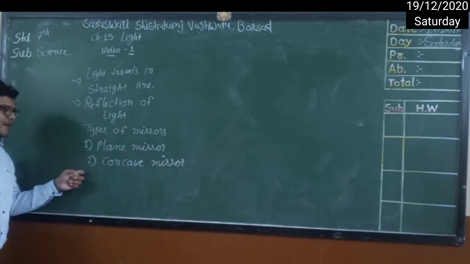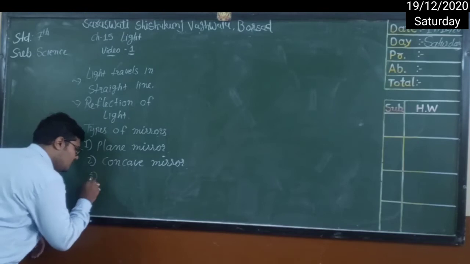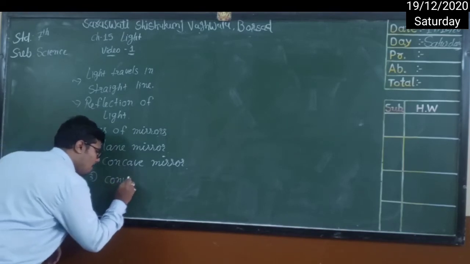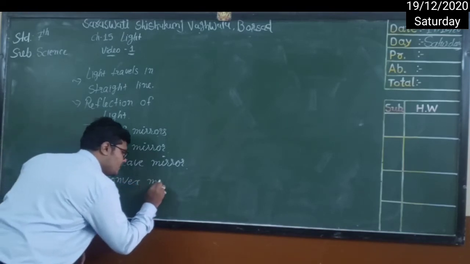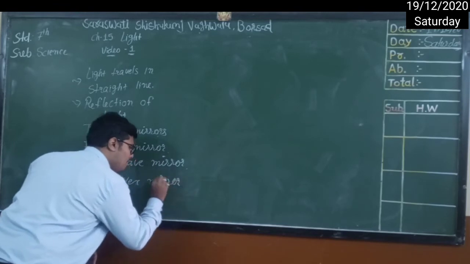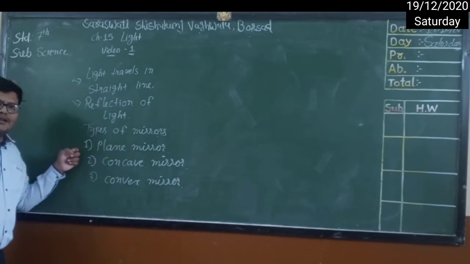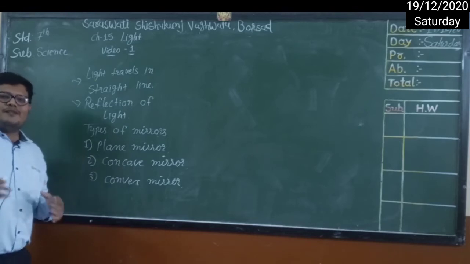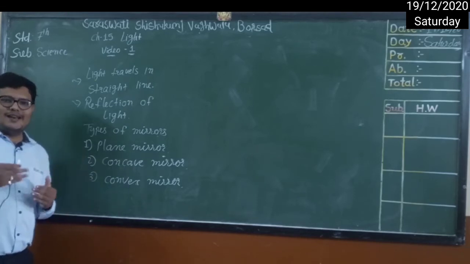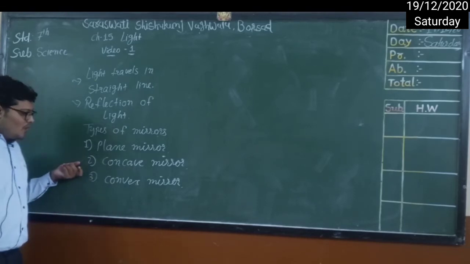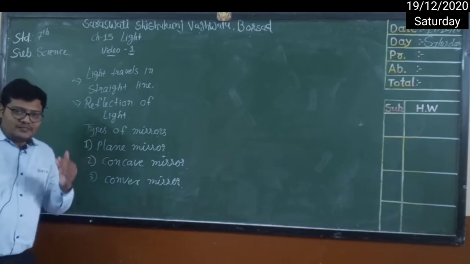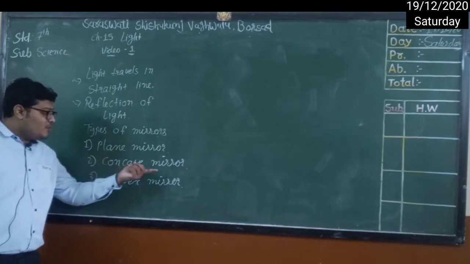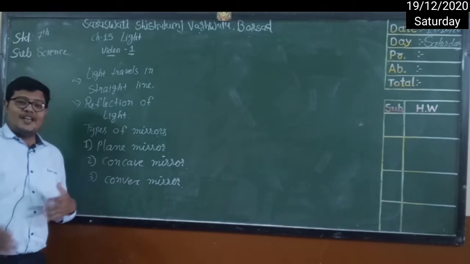First one plane, then concave, and the third one is convex mirror, right? Plane mirror, most of the things about plane mirror we know because we are using in our day-to-day life, right? And these two, concave and convex mirror, the images which are getting produced in concave mirror and convex mirror we are going to study.